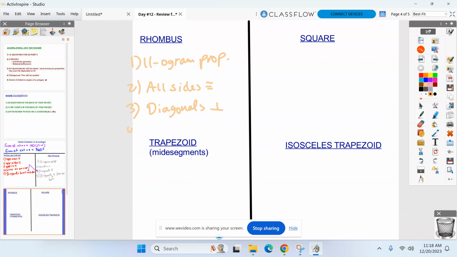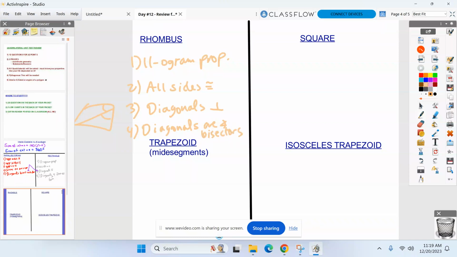And then something else about the diagonals. They're perpendicular and they are angle bisectors, right? Okay, diagonals are angle bisectors.